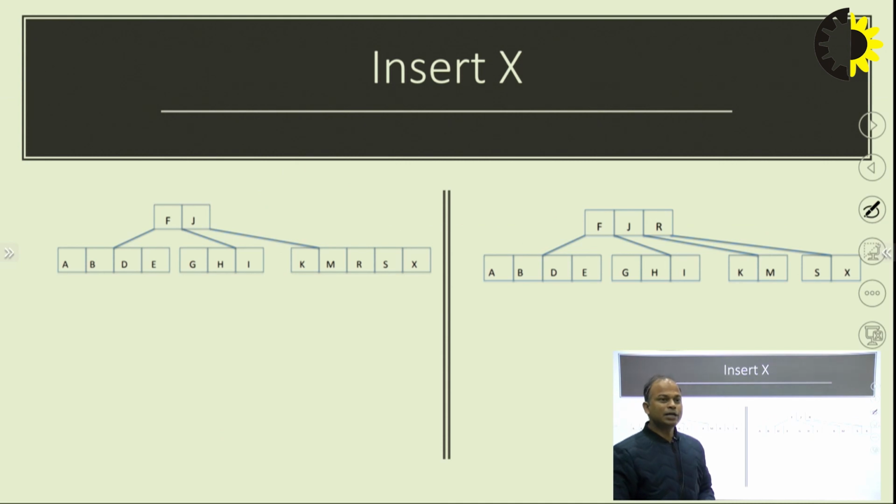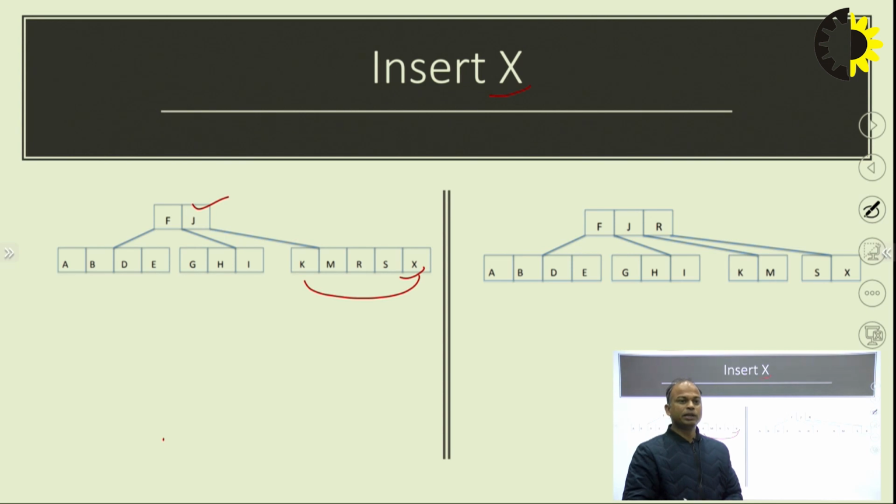Now we want to insert X. Say here this is the X, and X is greater than J. So therefore it should be placed in the right hand side of J. So we are putting X here, and further here we have 5 keys. Possible number is here 4. So further this violates the property of the B tree.